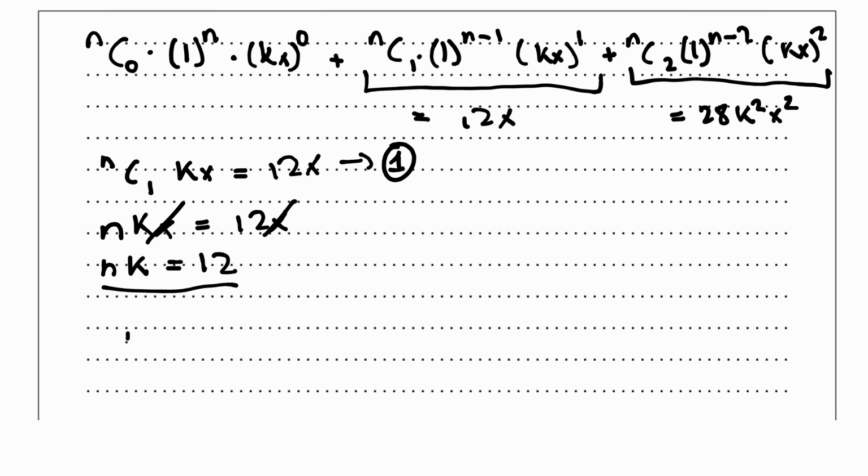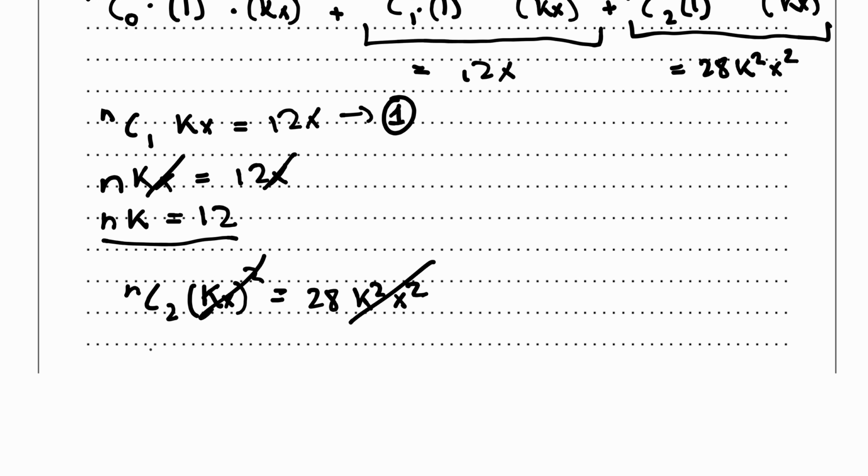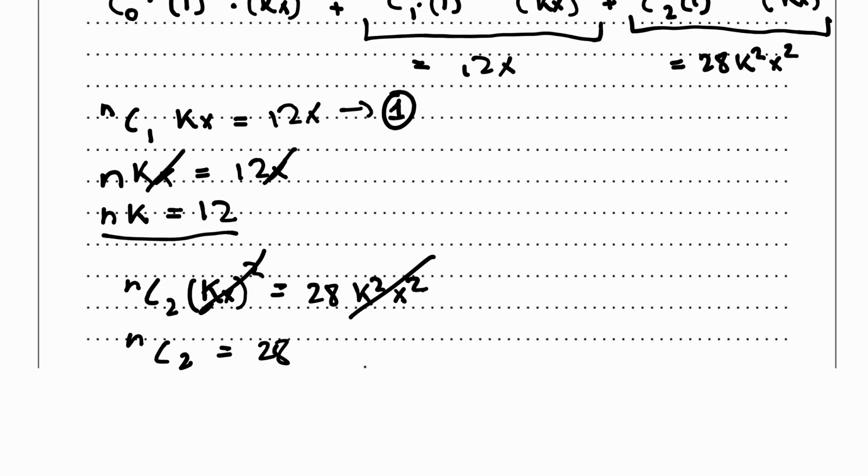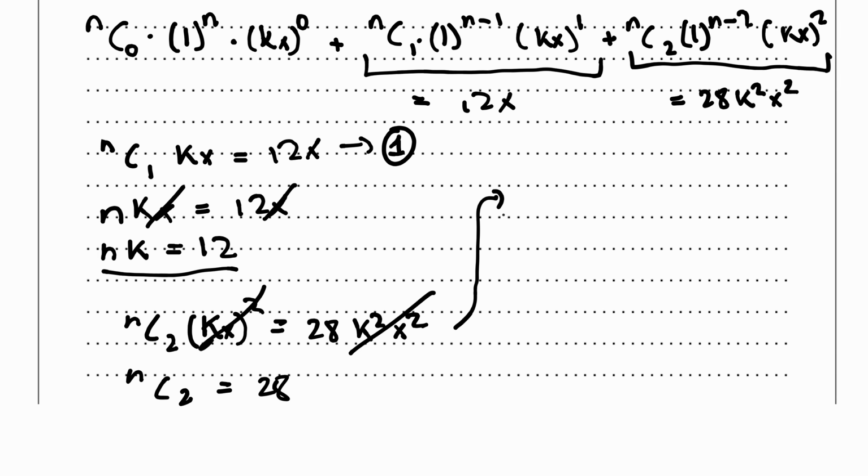Okay, now let's do the next part. We get n choose 2, again 1 to the power of anything is just 1, so we need not include it, times (kx)². That's directly equal to 28k²x². Now we can cancel this both out, so we know that n choose 2 must be equal to 28. And why is that important? Well, I'll show you. What is the formula for a permutations and combinations question? Well, it's in your data booklet and this is a combinations question.